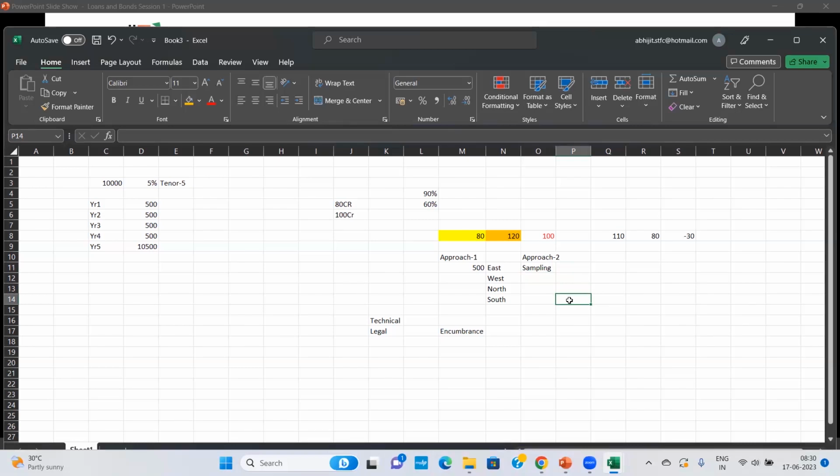That is the second approach. Now, what is the disadvantage of the second approach? You can write in the chat box. My life becomes easy, I have only 50 properties to value from different regions. But what is the disadvantage?